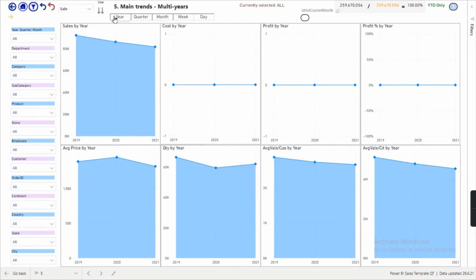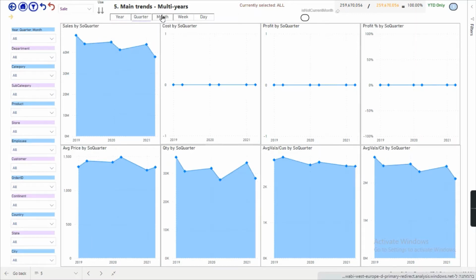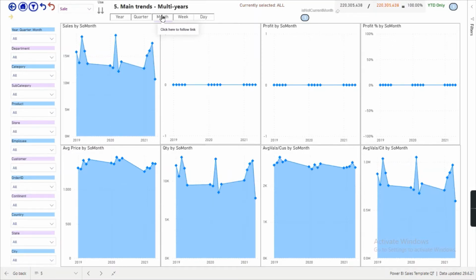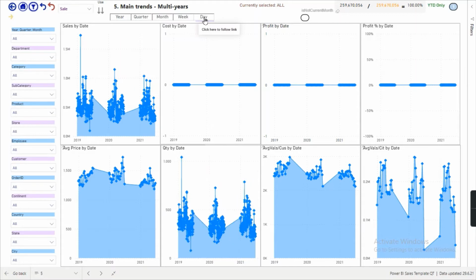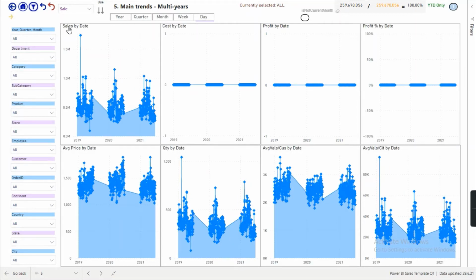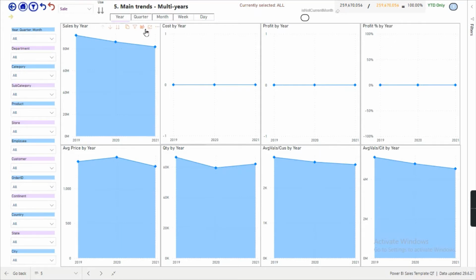After we look at the years, we can look at the quarters, months, and so on. Even week, and days. Okay. We can always make it bigger here.